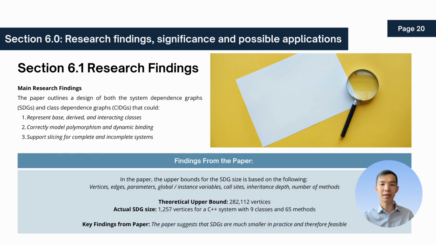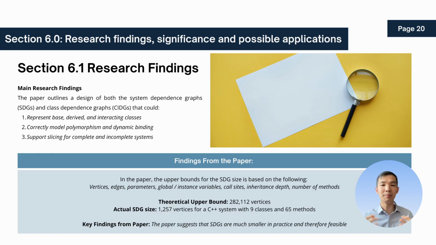The first one is about the size and scalability of the graphs. Using the analytical model, the authors estimate a theoretical upper bound of about 282,112 vertices initially.